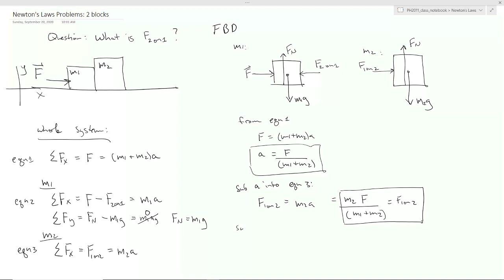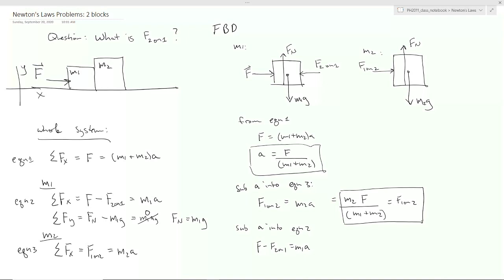Let's also substitute into equation 2. This will be slightly more complicated, but we see that F minus F2 on 1 equals M1a.